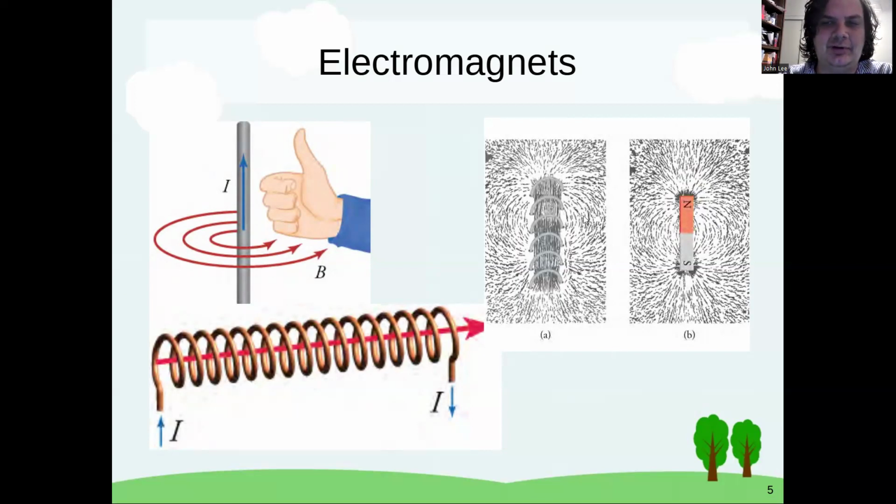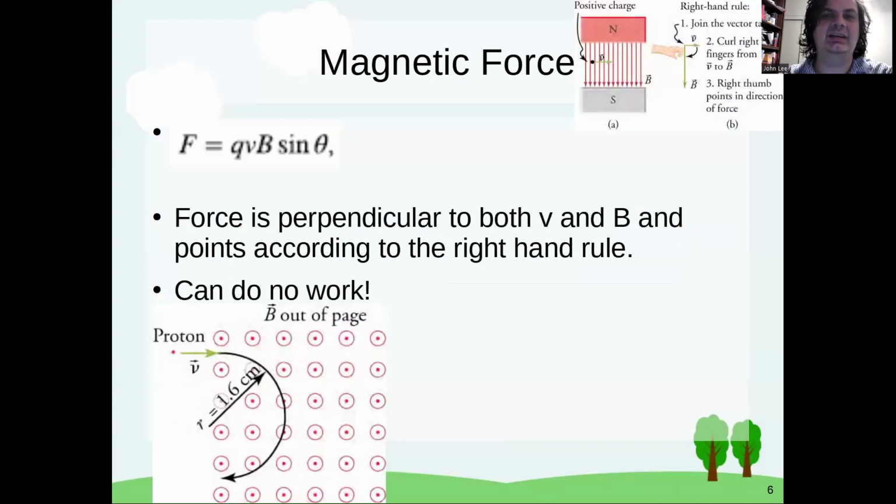So we say that a solenoid looks like a bar magnet, but really a bar magnet is just a sum of solenoids caused by the electrons, or caused by the intrinsic properties of the material.